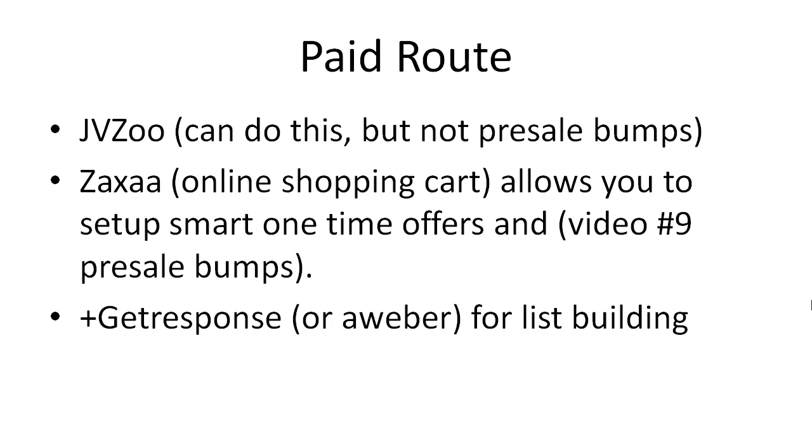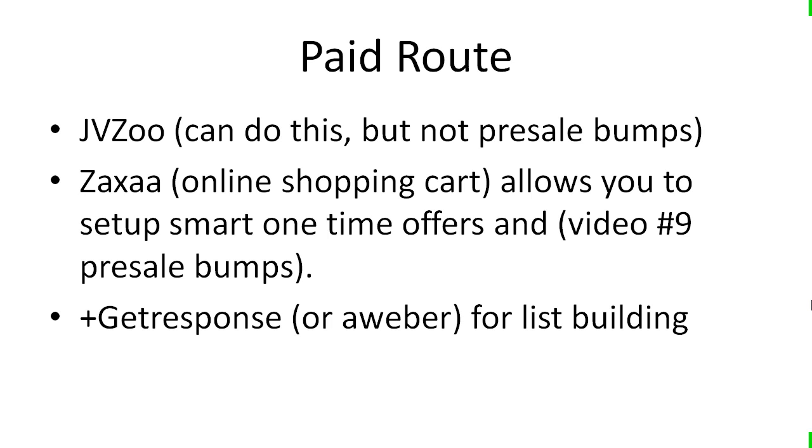With Zaxa, if you pay the monthly or yearly fee, they waive all fees, which means you end up only paying the payment processor fee. So as you grow as a company, like let's say for example, within the whole year, first year you've made, let's put a low number like 10,000. 10,000 times 7.9% is what you would have to pay out in fees if you went the route with JVZoo.